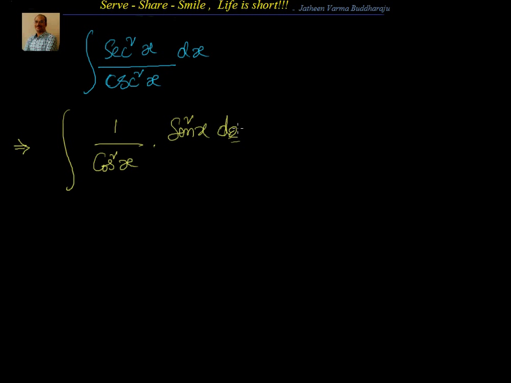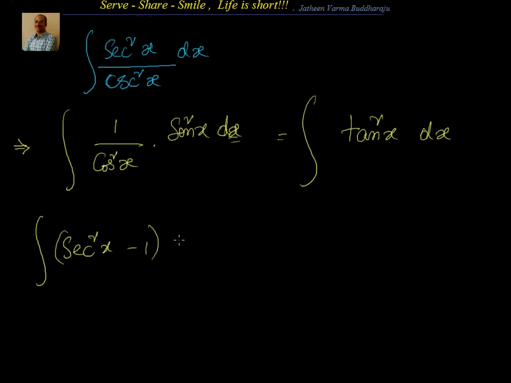I'll have, that's equal to integral of tan square x dx. Now we don't have any integral for tan square x, but we know secant square x. So let's try to convert tan square x as secant square x minus 1, so that we can find the formula. We know the formula for integral of secant square x.